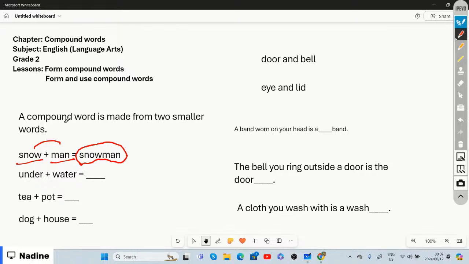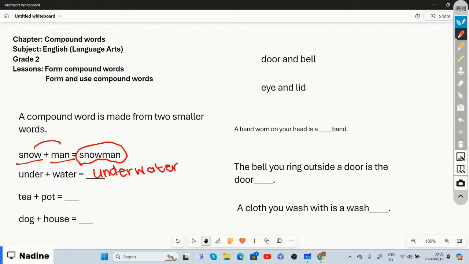If we look at the other words, it says under plus water. If we join those two words, under plus water, then we say it is underwater.